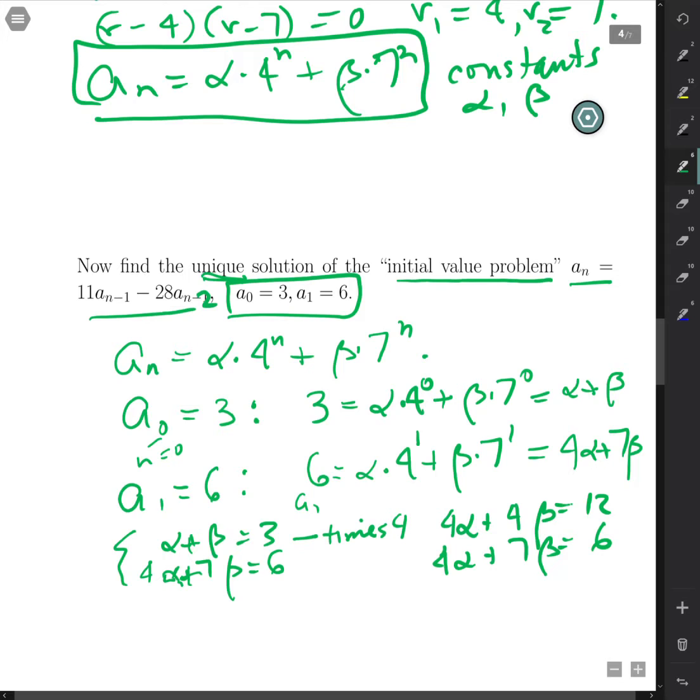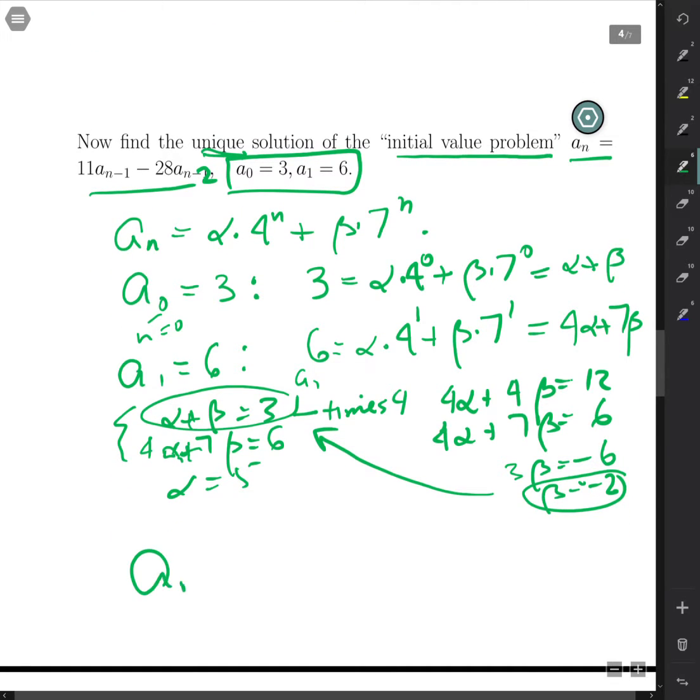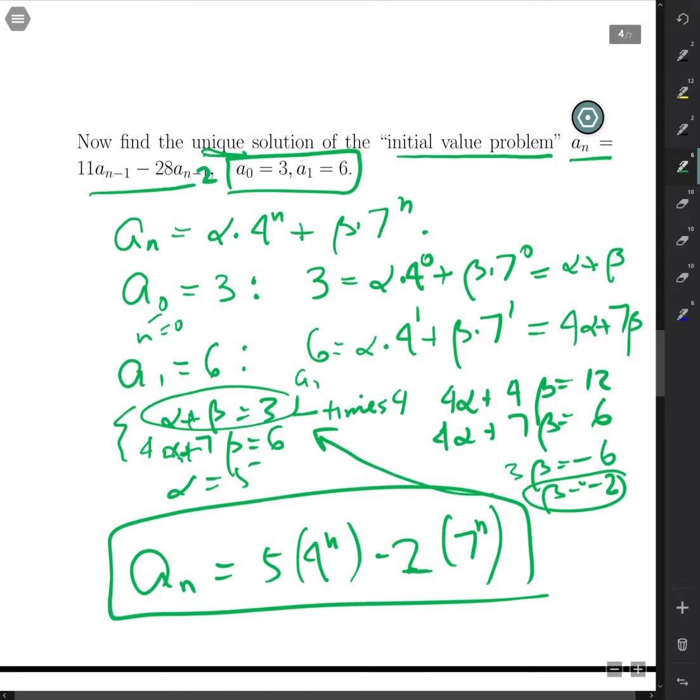So subtracting that would give us 3 beta is equal to minus 6, so beta is minus 2. And having beta minus 2 up here says that alpha is 5. So the solution would be a_n is equal to 5 times 4 to the n minus 2 times 7 to the n. So that's the unique solution once we impose the initial conditions on that.